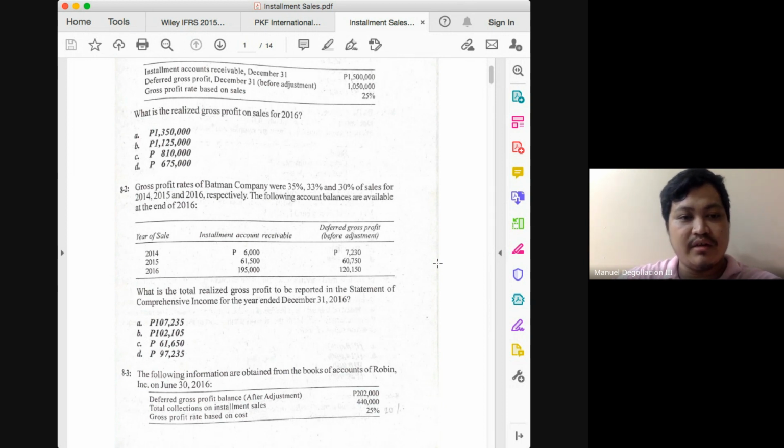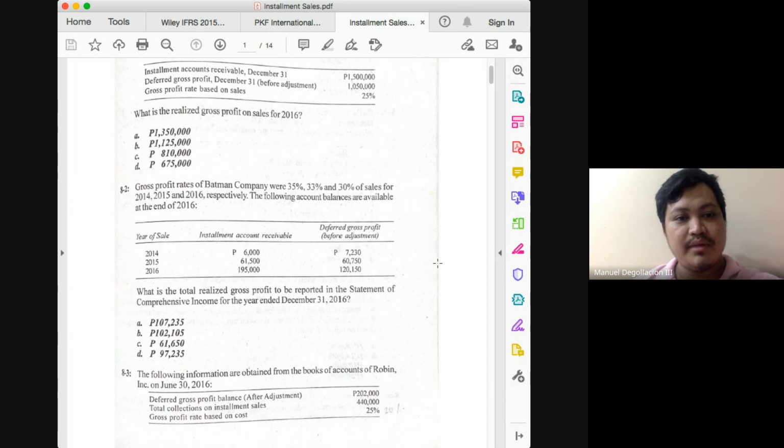And then the 195,000 that you will see here would represent the balance of your 2016 sales as of the end of 2016. Okay. And then the amounts under the deferred gross profit would simply be the amounts before your realized, before adjustments for the recognition of your realized gross profit.